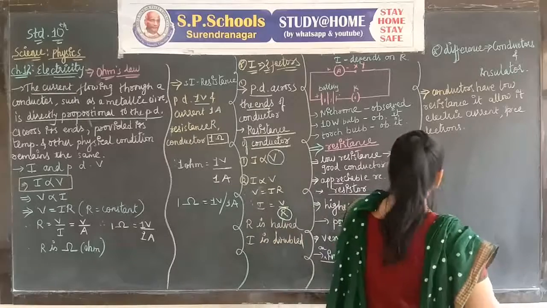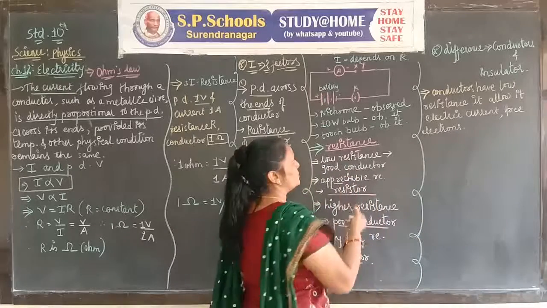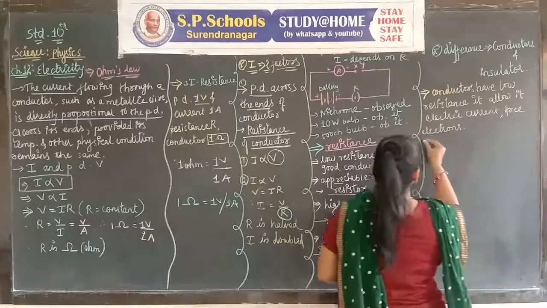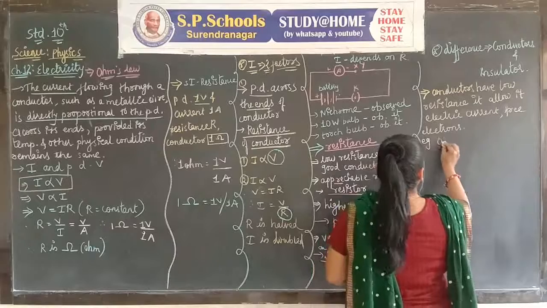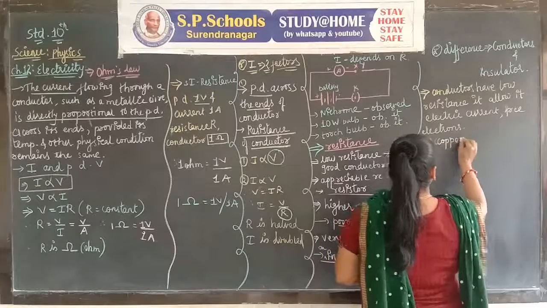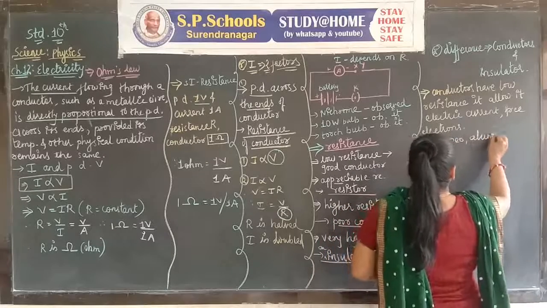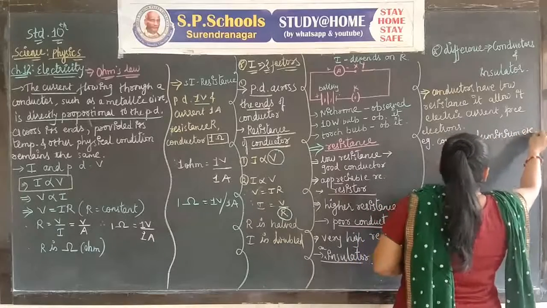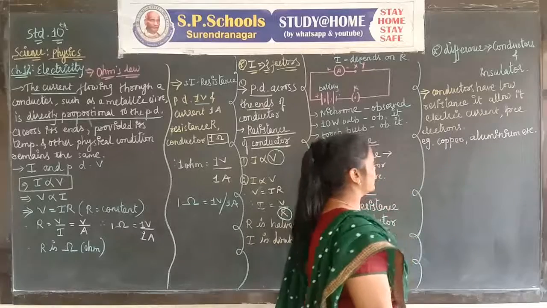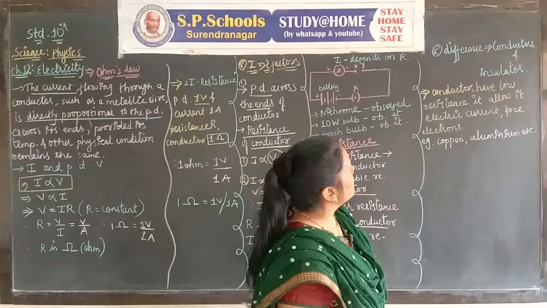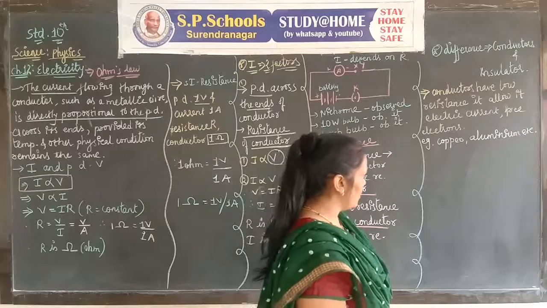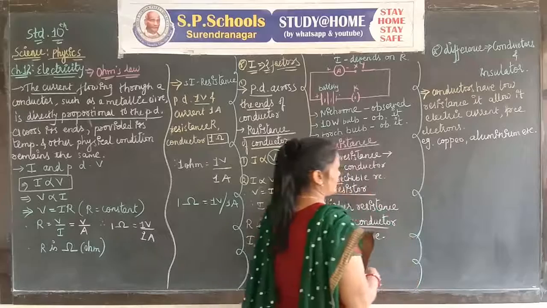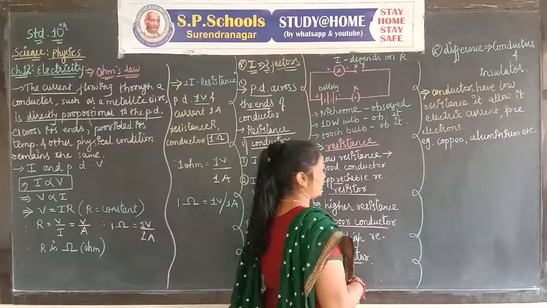Conductors have low resistance. If low resistance, good conductor. Examples of good conductors are copper, aluminium, etc. They are good conductors because their resistance is low. So we use copper wire to pass electric current.